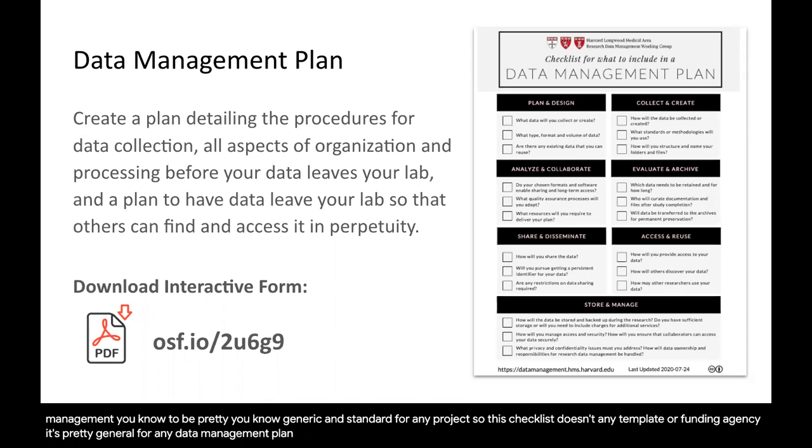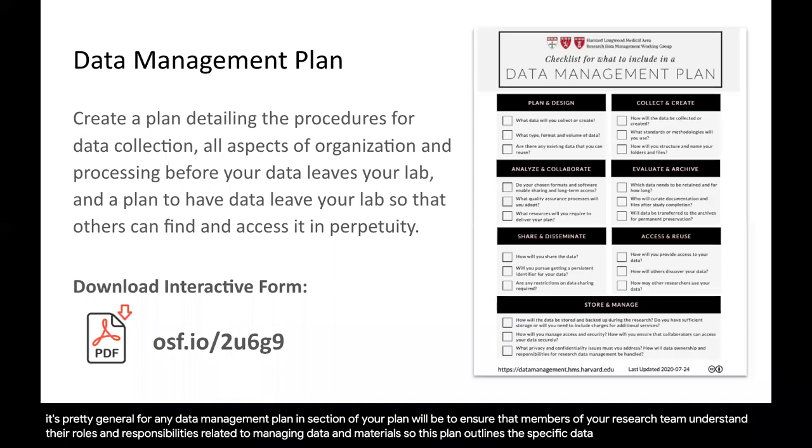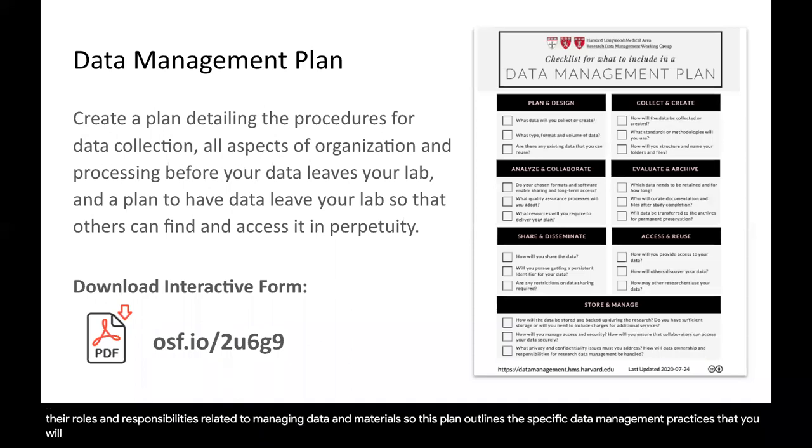One important section of your plan will be to ensure that members of your research team understand their roles and responsibilities related to managing data and materials. This plan outlines the specific data management practices that you will use throughout the course of your project.